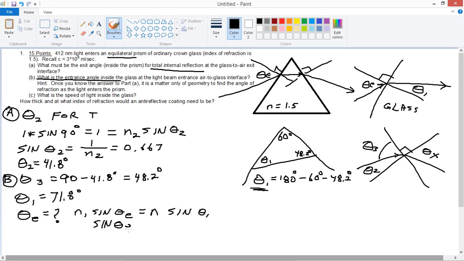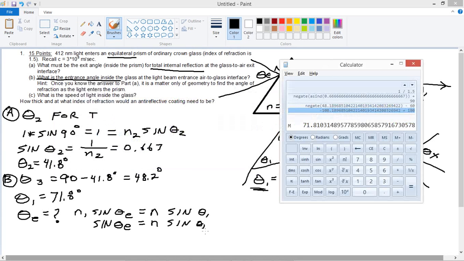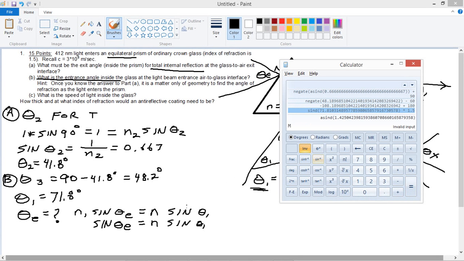Since n1 equals 1, we can get that. Let's go back to our calculator. The sine of this is 0.95. Multiply it by n, which is 1.5, equals. And then we take the inverse sine of this to get the angle, finally. Theta E is, ooh, something's wrong.